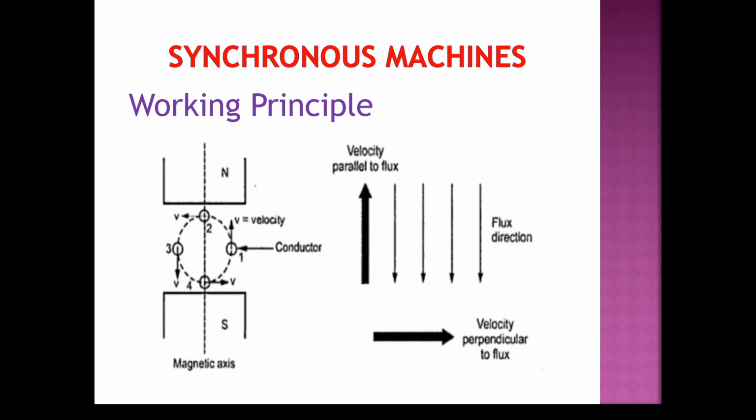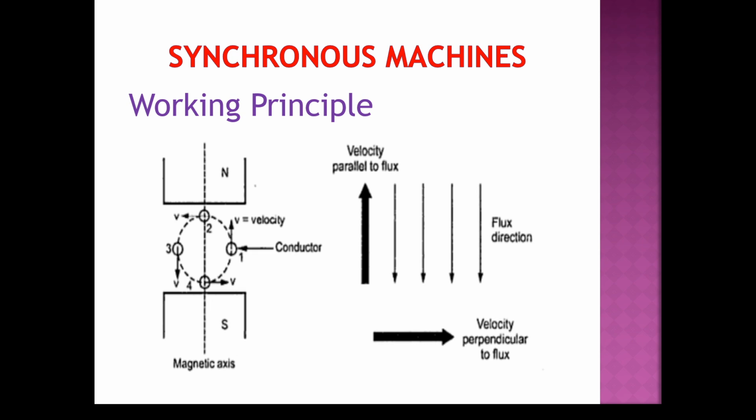Then we have seen the operating principle of the synchronous machine. They work on the principle of electromagnetic induction. So there should be a relative motion between the conductors and the flux for an EMF to be induced in the conductors. The main difference between a DC generator and an AC generator is that in a DC generator, conductors were moving and flux was stationary.